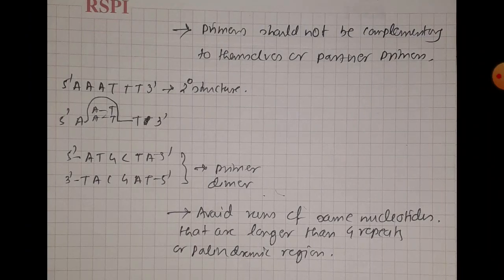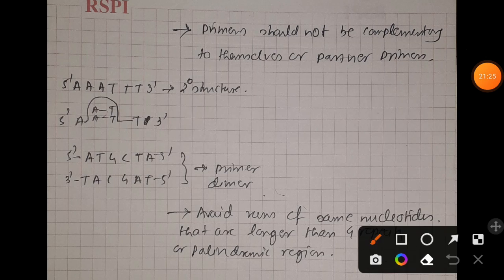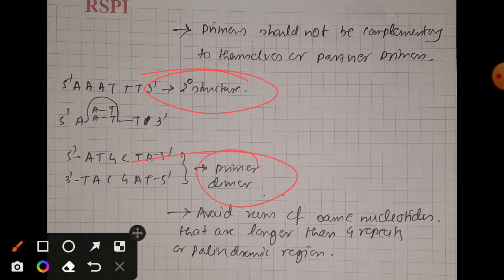Okay, and primer should not have the ability to form self complementarity, and primer should not be complementary with each other. Okay, because in the first case they can form secondary structure and in the second case they can form primer dimer. Both are not preferable. Okay, and primer should not have such kind of sequence that can promote self complementarity.